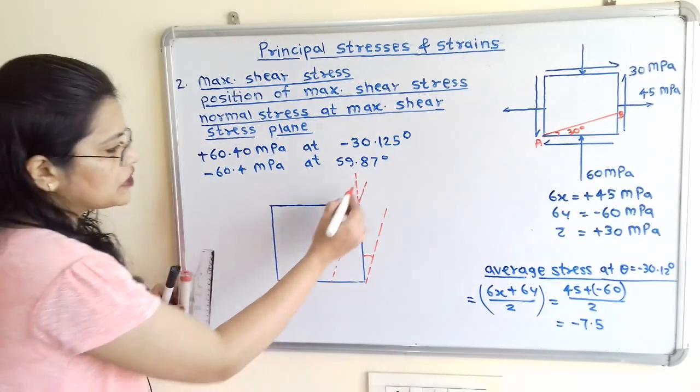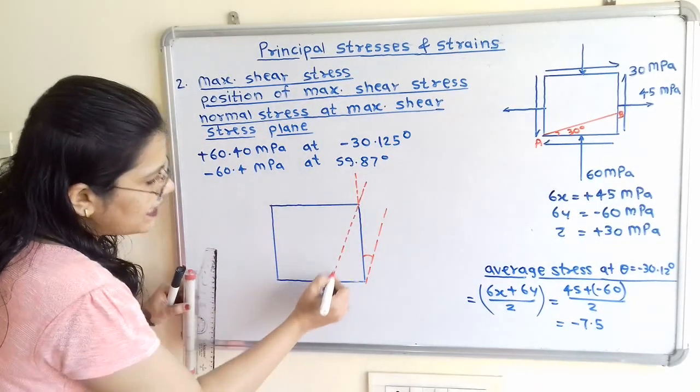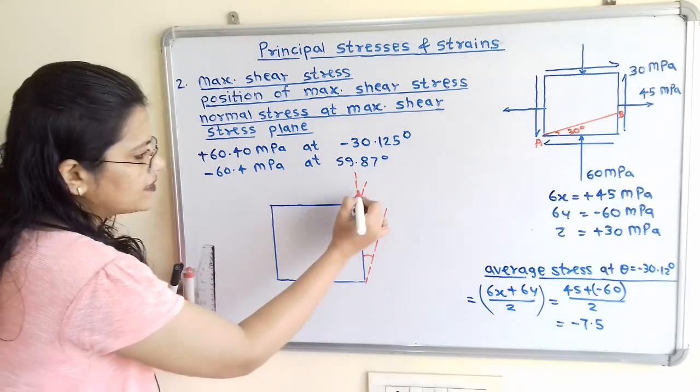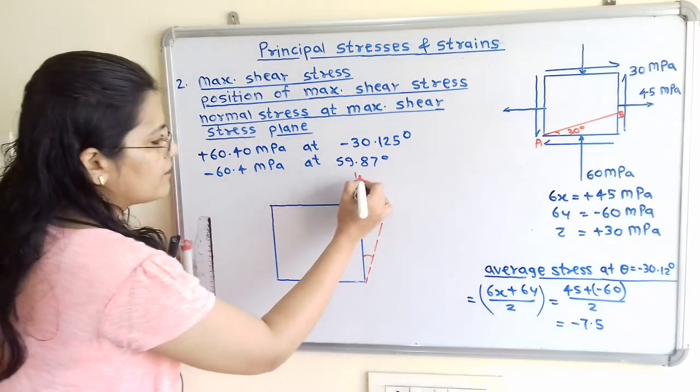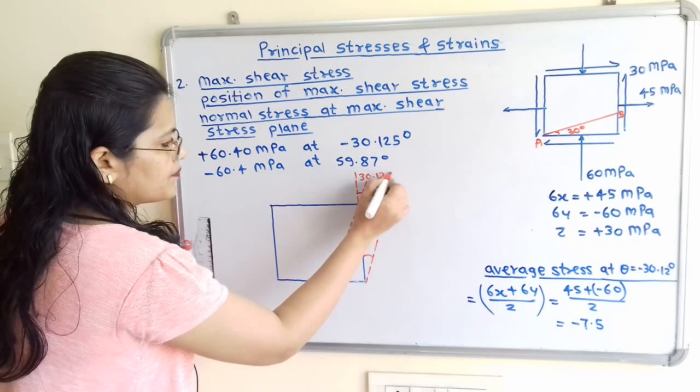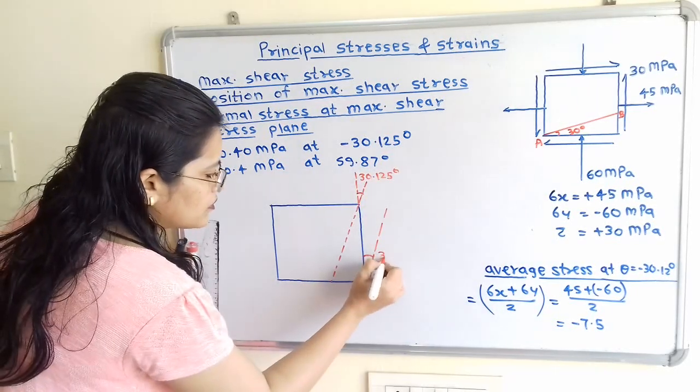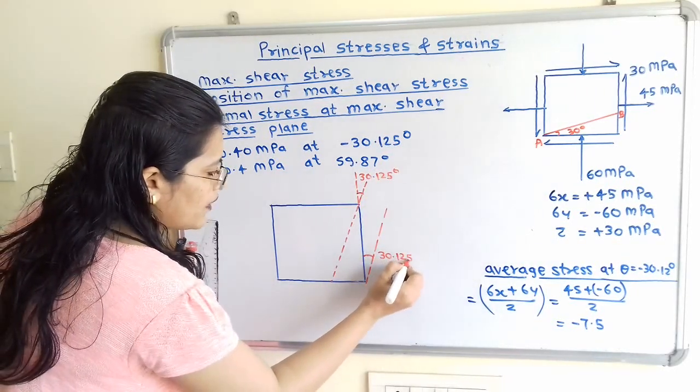Now if we observe, the angle between this inclined line and this vertical line is also equal to 30.125. So here is also 30.125 degree.